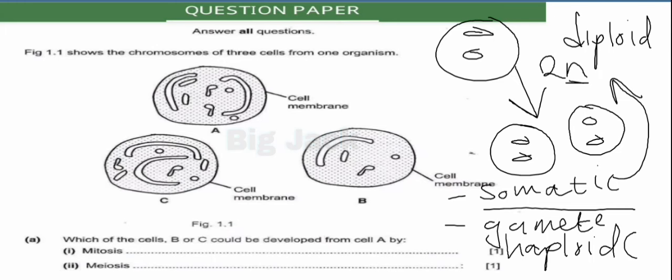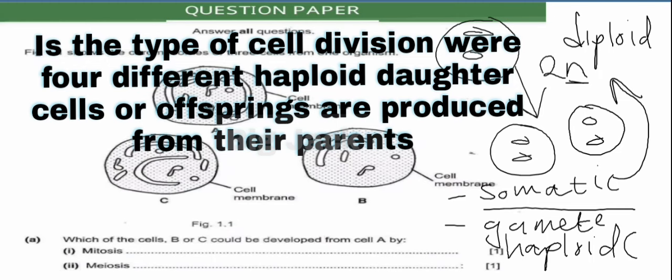Now, before I even identify the answer here, let me just try to explain a little bit. By definition, when we talk of meiosis, it is a type of cell division where 4 different haploid daughter cells are produced from their parents, and they should look different from their parent.